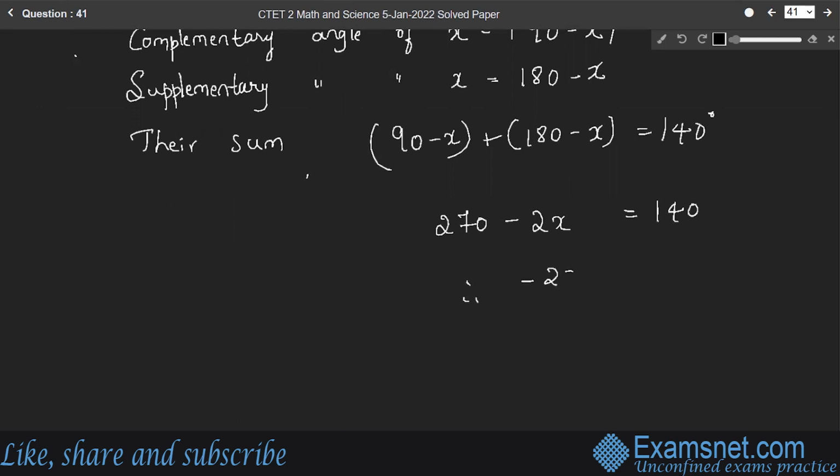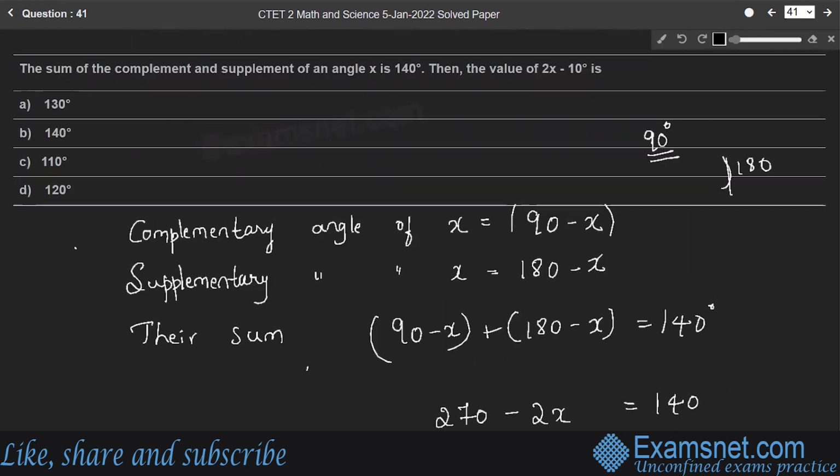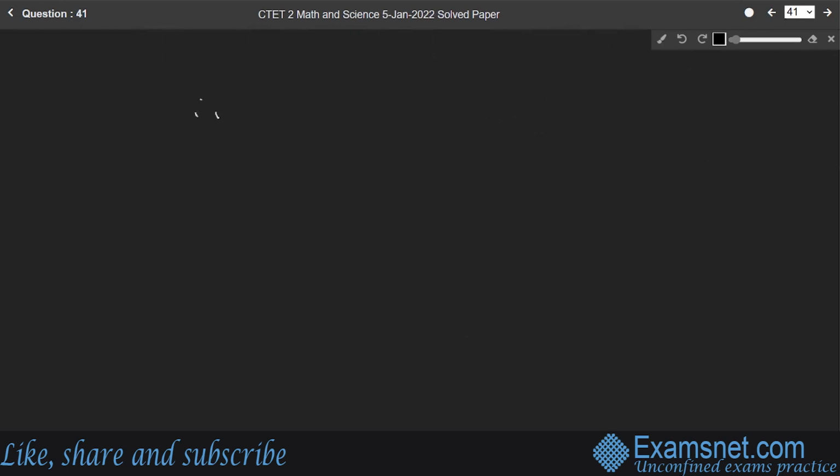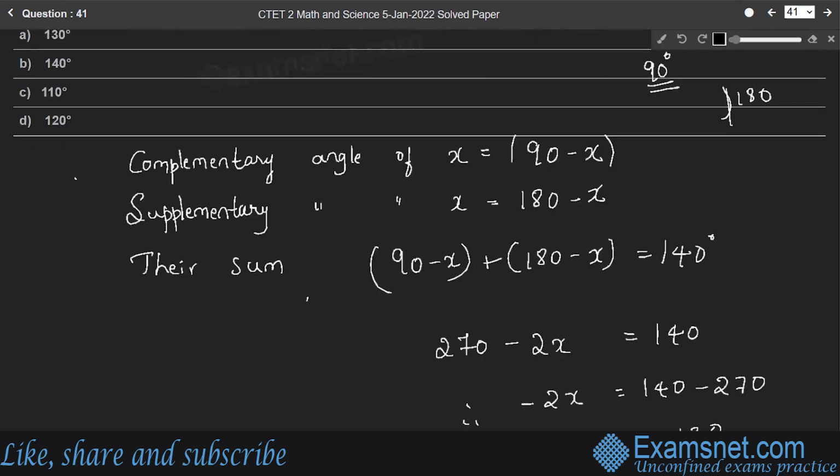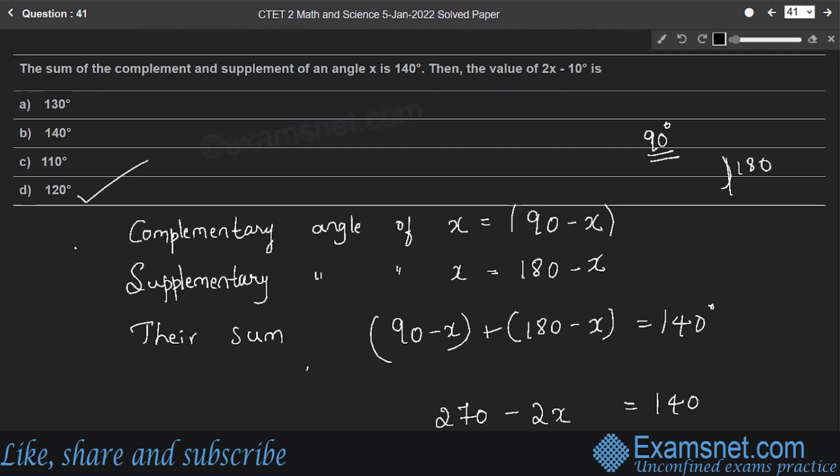Therefore, minus 2x is 140 minus 270, which is minus 130. Therefore, x is equal to 130 by 2, 65. Therefore, 2x minus 10 is equal to 2 into 65 minus 10, that is 130 minus 10, which is 120 degrees. Therefore, the answer is option D, 120 degrees.